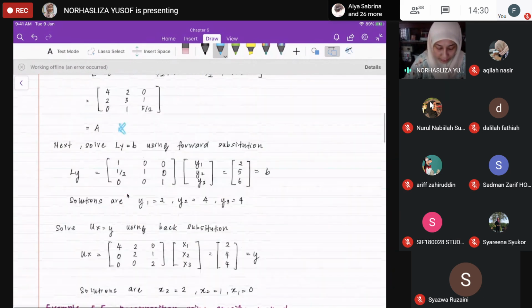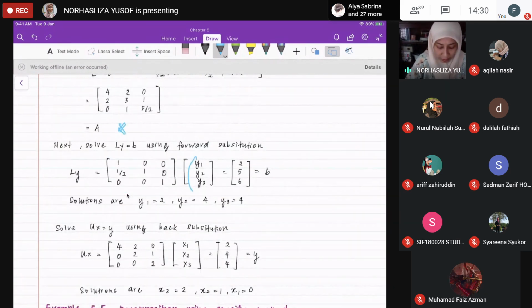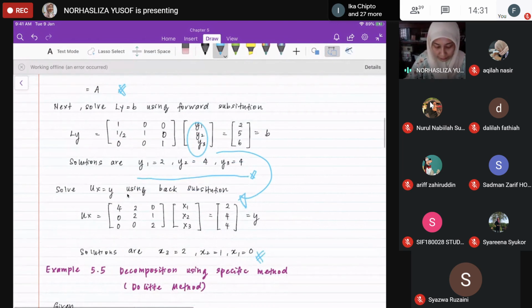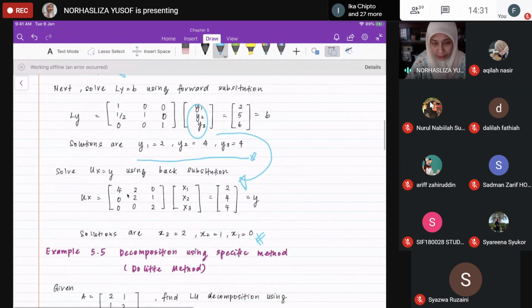Okay, so then you can get the solution of Y. So when you get the Y, you can see this is your Y solution. And you put back your Y into your U matrix, and this one technically will replace your B. Okay, so Y becomes your B. You solve it, and then you can get the solution of your x3, x2, and x1 by using backward.